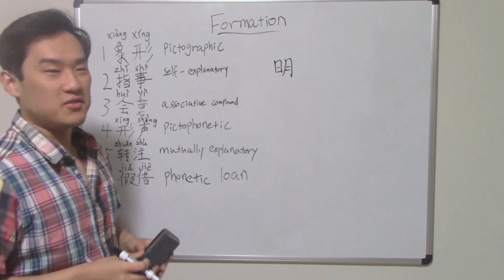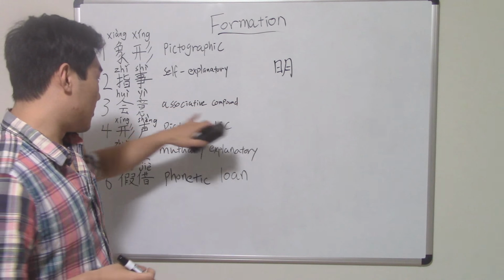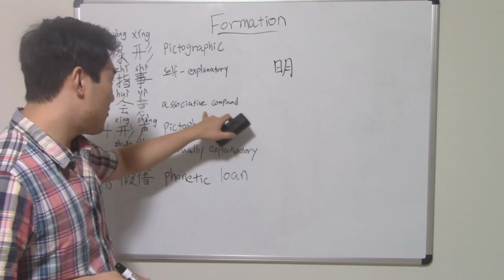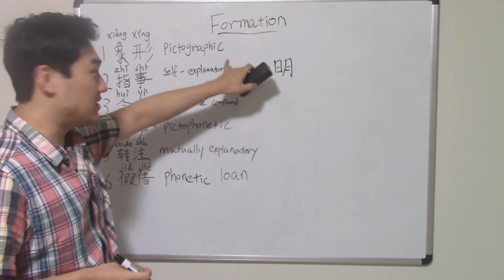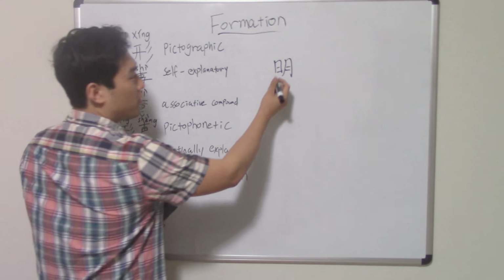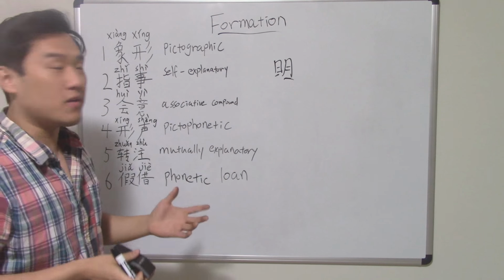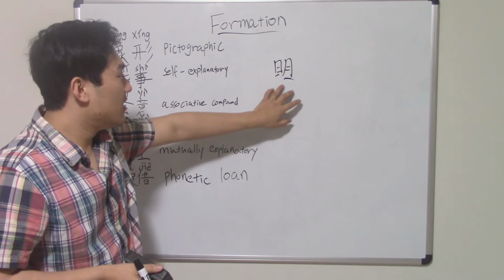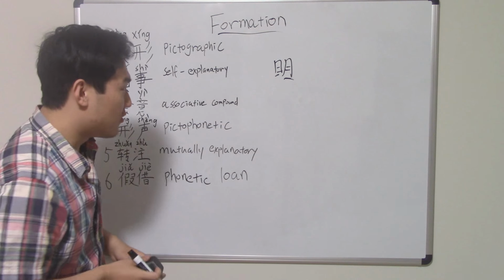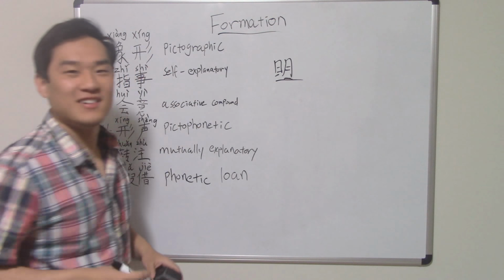I don't know if you recognize this word, but it is an associative compound. You know it's a compound because in the previous example I already wrote this word here, 日, and this word here, 月, by themselves. 日 means sun, and 月 means moon. So what do you think this word means?